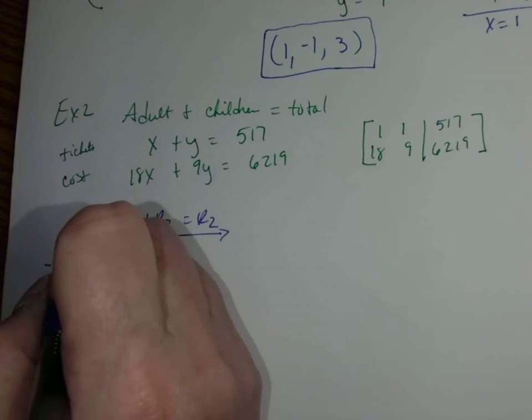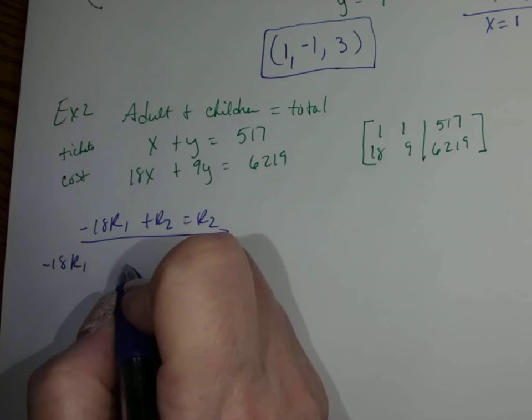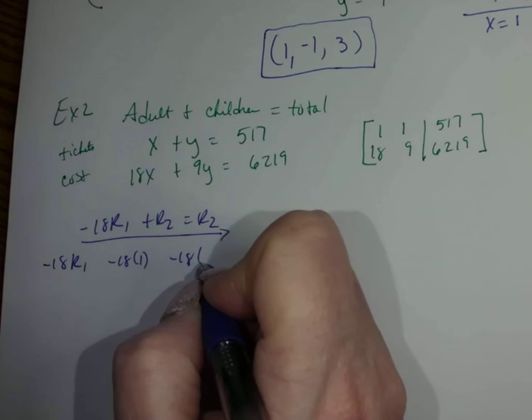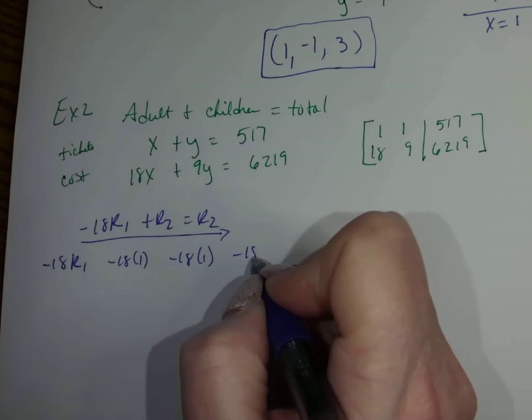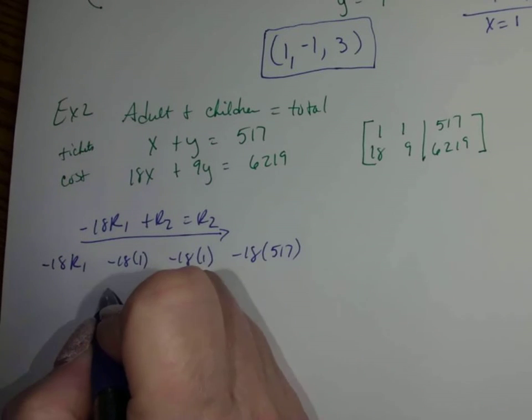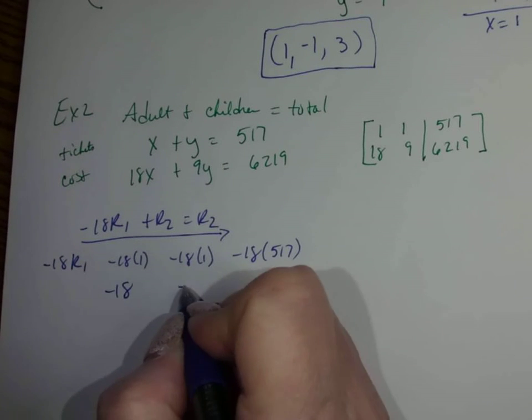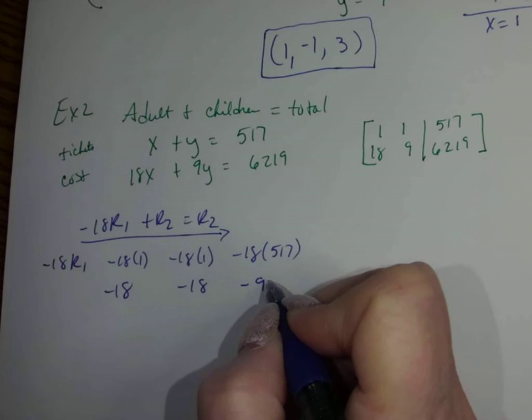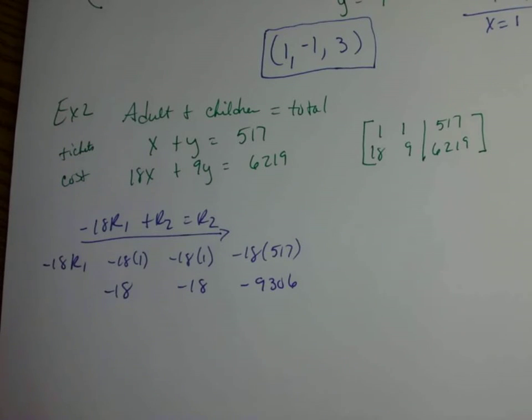All right, so negative 18 times row 1 will get us negative 18 times 1, negative 18 times 1, and negative 18 times 517. So that gets us negative 18, and negative 9,306.